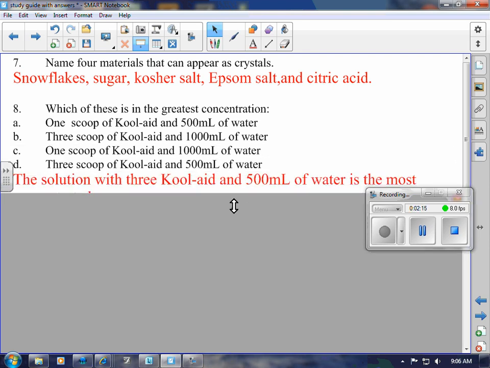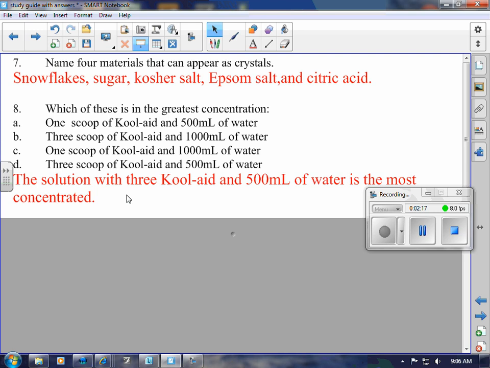The greatest concentration of Kool-Aid is the solution that has 3 scoops of Kool-Aid and 500 milliliters of water. You could turn each of these into fractions, and from there you would be able to see which one was the largest if you made a common denominator. So your proof is going 1 over 500, which is equal to 2 over 1,000.